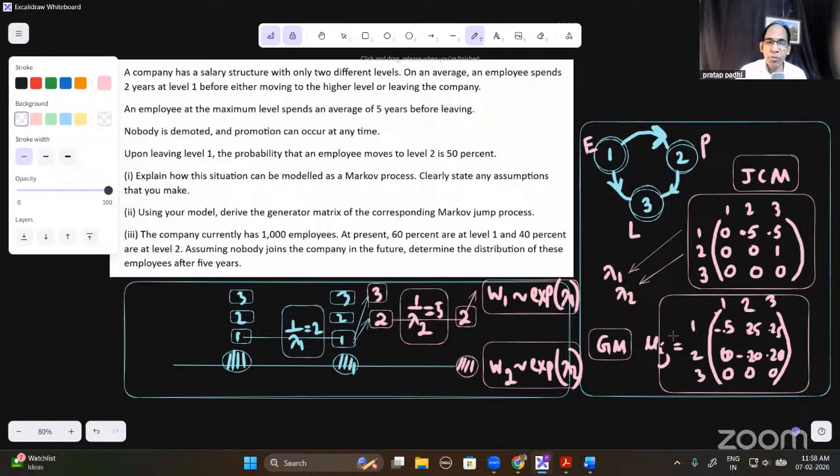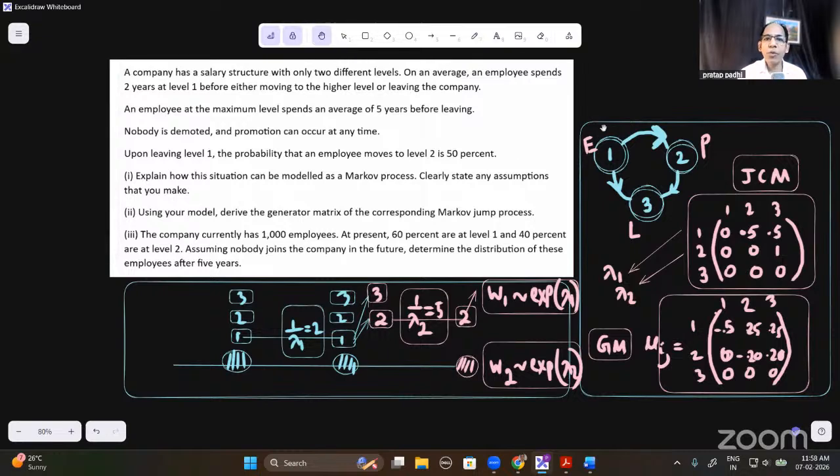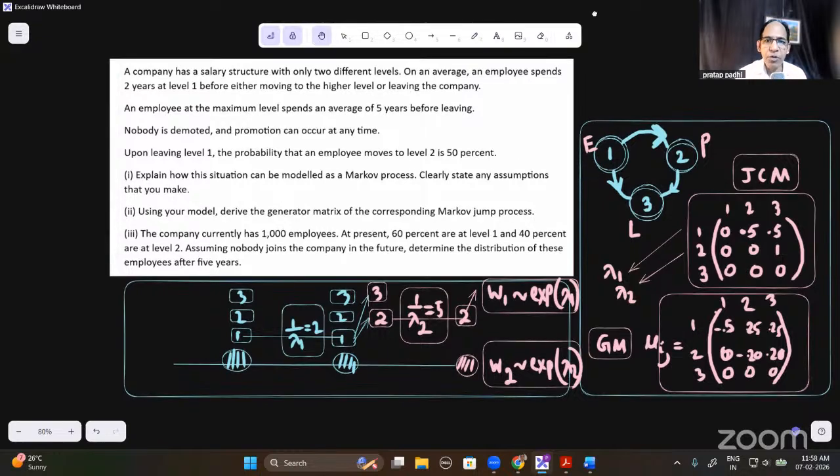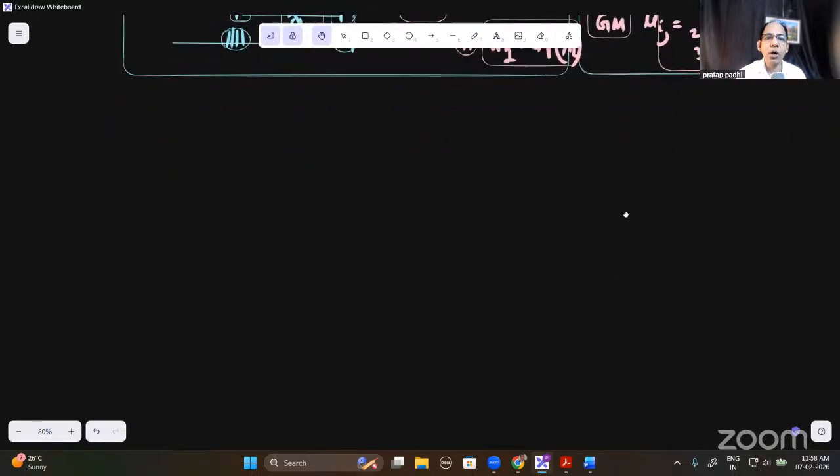Here, Markov jump chain to continuous time. Jump chain is where we only observe when there is a state change. From that, we came to continuous time. From continuous time, we'll go again to equal duration, whatever I already explained. To go to that, we need to solve Kolmogorov's differential or integral equation. That is the only way.